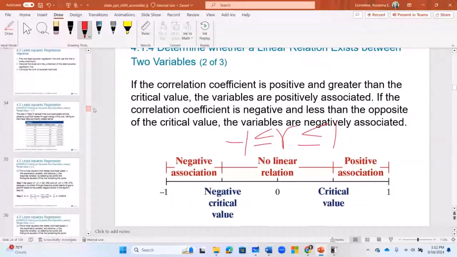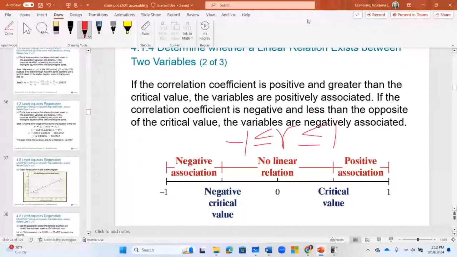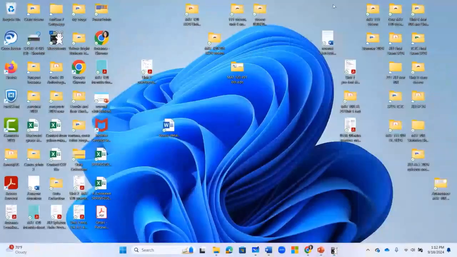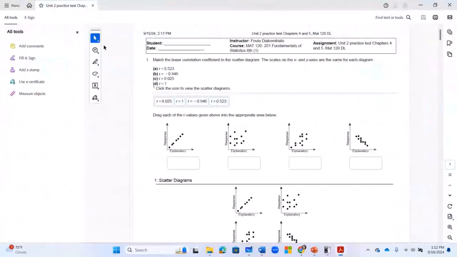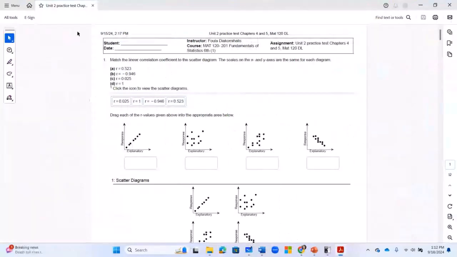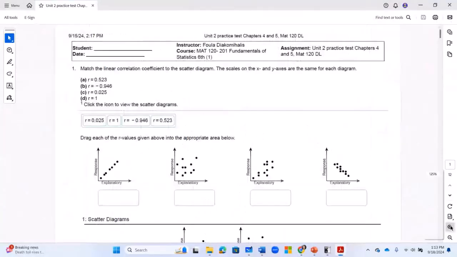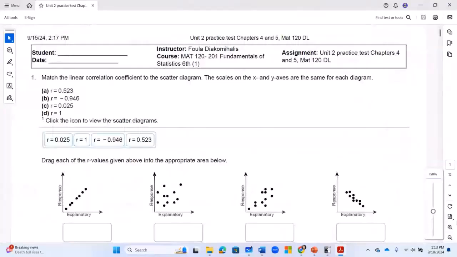So I am now going to practice test 2, which I already posted in Blackboard. Let's see if we can answer some of the questions there. We have already learned enough to answer some questions from this practice test.